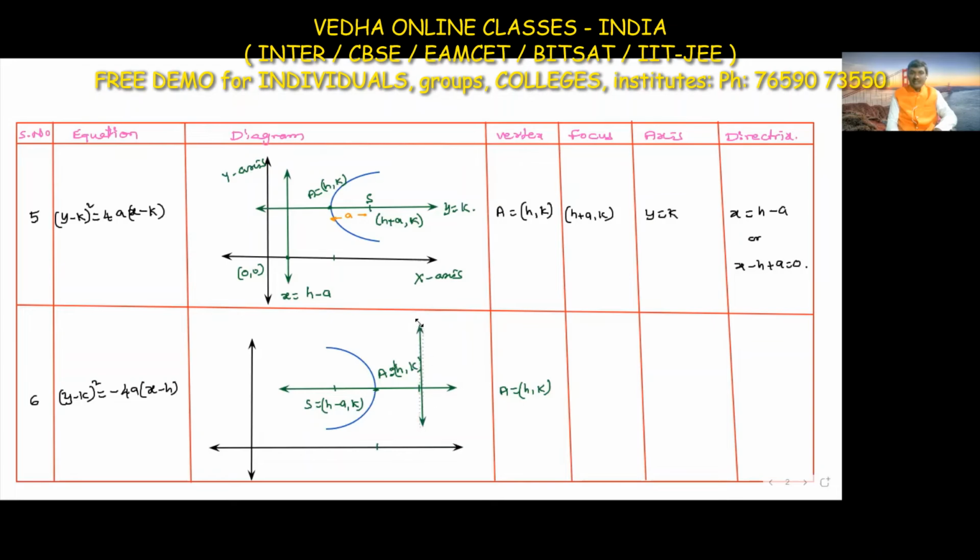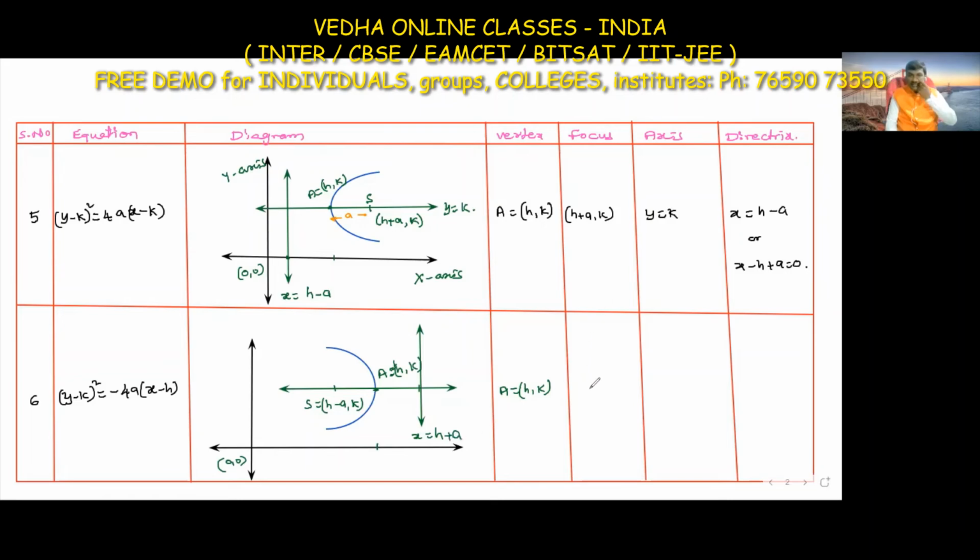This is the directrix here, and what about its coordinates? The x coordinate of the vertex represents the distance we have from the origin, and the distance between the vertex and the directrix is always a units. If you are going right side, add a. If you are going left side, subtract a. Now I am adding a.